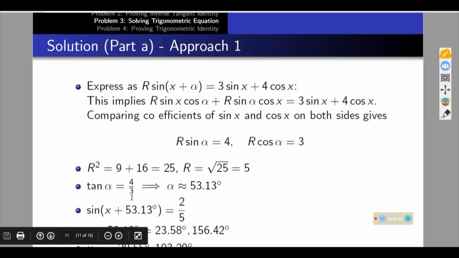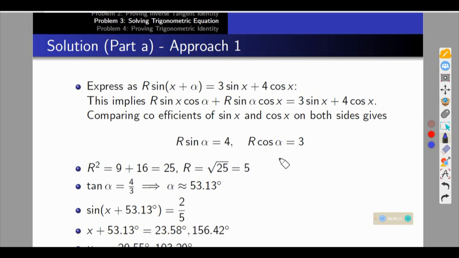So we must create the range for this one here. For the given range, which is minus 180 degrees less than or equal to x less than or equal to 180 degrees, if you need the range of x plus 53.13, you will try to create this one.